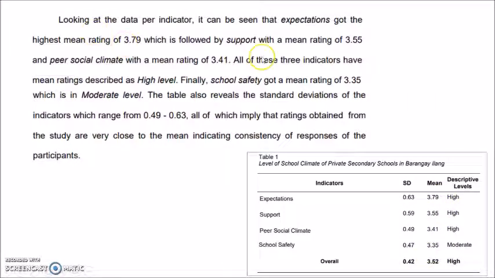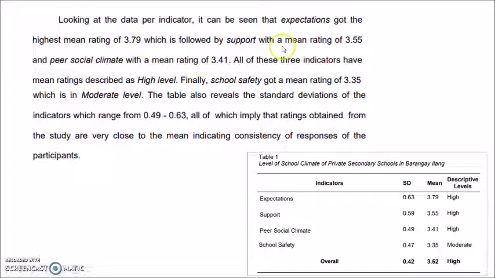Okay? So, eto siya. Ang ginawa dito, class, since high naman itong tatlo, so, parang inisa na lang sila, no? As one, tapos, individual kung in-state kung ano yung mean ng bawat isa, and then, as together, high silang lahat, and then, yung standard deviation nila. Okay? Eto, basahin natin. Expectations get the highest mean rating of 3.79, which is followed by support with a mean rating of 3.55, and peer social climate with a mean rating of 3.41.